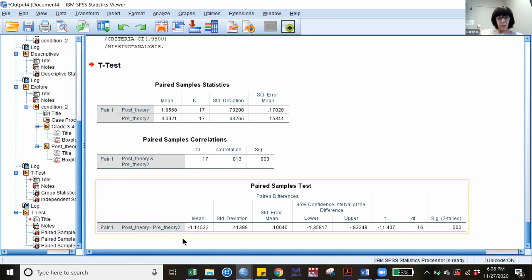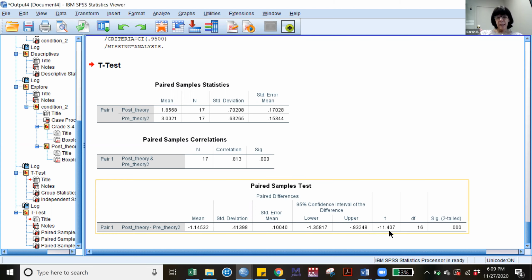And that's what you see here. The mean difference between those scores is negative 1.14. So the average difference is about negative 1 points, which means that on average, people moved lower on their theory of ability or more towards the malleable end of the spectrum.